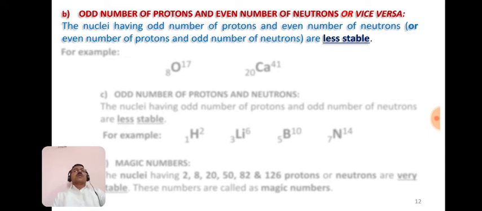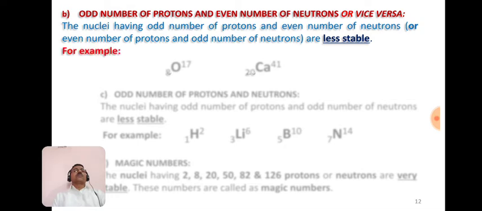But here are the odd number of protons, meaning all protons are not in paired form, and also odd number of neutrons means they are also not in paired form. Therefore such nuclei are found to be less stable. So the nuclei having odd number of protons and even number of neutrons, and vice versa, it means even number of protons and odd number of neutrons, are less stable.